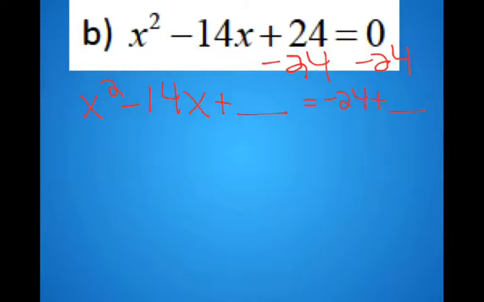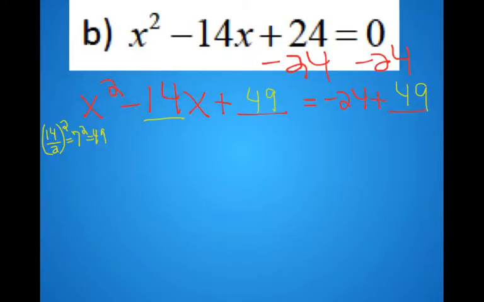So we're going to look for that magic c. It's always the same. It's going to be this number divided by 2, squared. So that is 14 divided by 2 and squared. So that's 7 squared, which is 49. So 49, that's the magic number. And we need to add that to both sides.